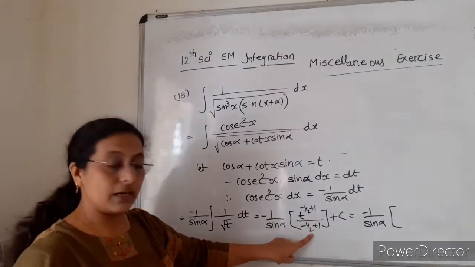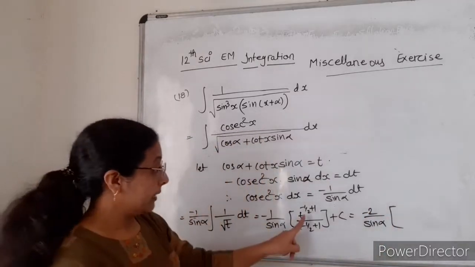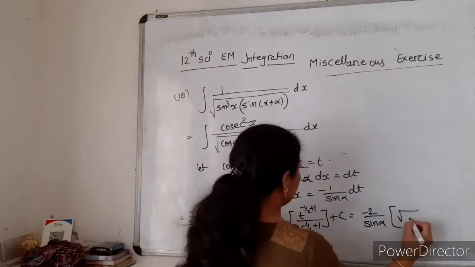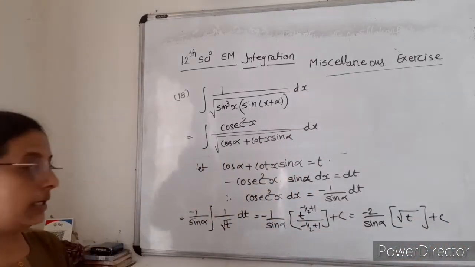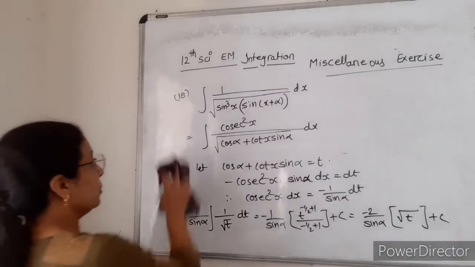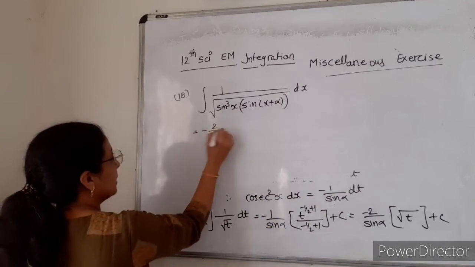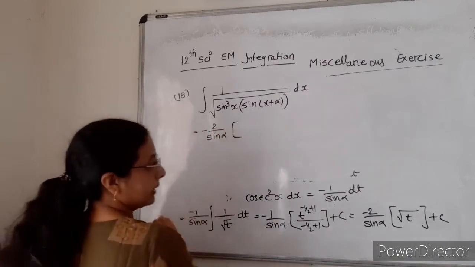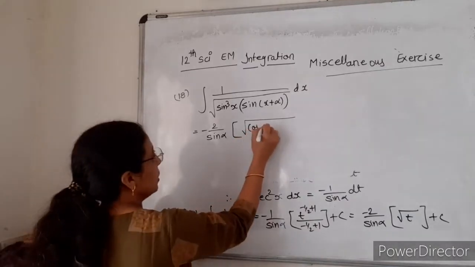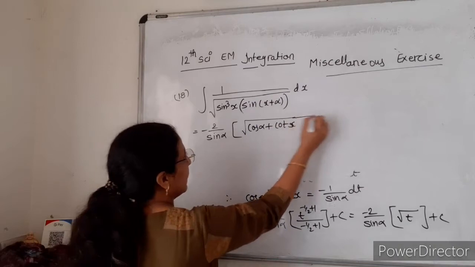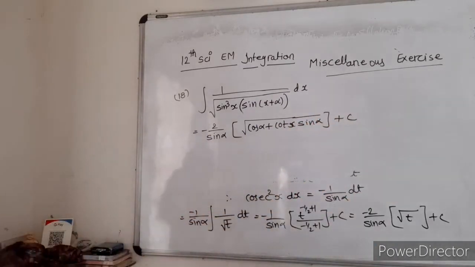Then the denominator will go upside, that is here 2. t raised to 1 by 2, that is root t, plus c. Yes or no? Yes. Now put the value of t. So we will get minus 2 upon sin alpha under root of what we have taken as t. It is cos alpha plus cot x into sin alpha, plus c. That is our t. Right?